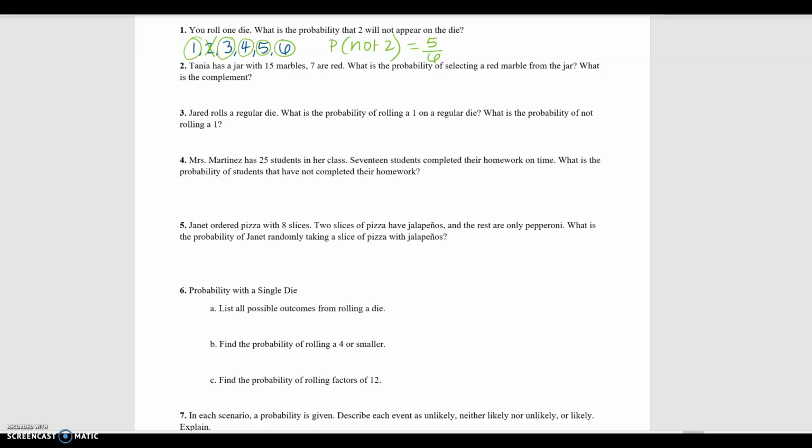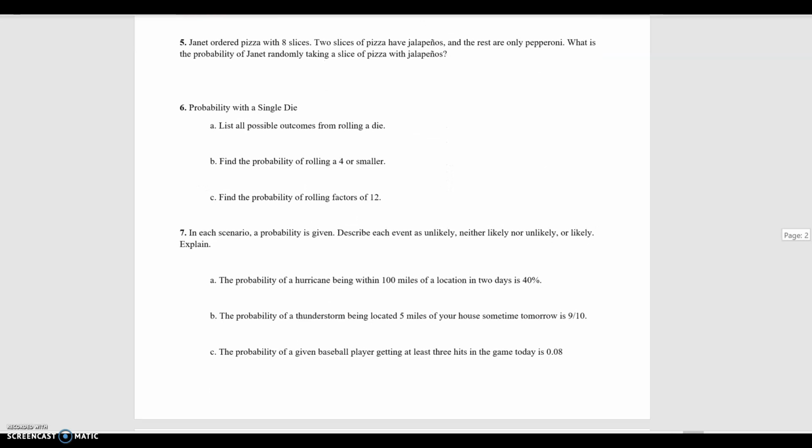Okay, what if I go down to number 5? So number 5 says that Janet ordered a pizza with 8 slices. 2 of them have jalapenos, and the rest are pepperoni. Okay, and there's a total of 8 slices. So what is the probability that she'll choose one with jalapenos? Okay, so I'm going to list them out.